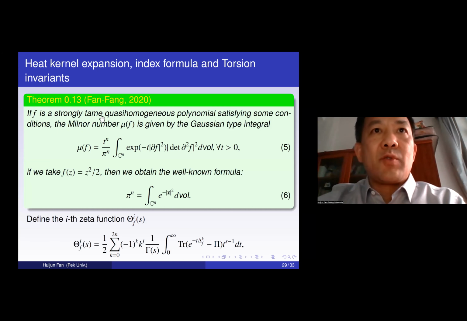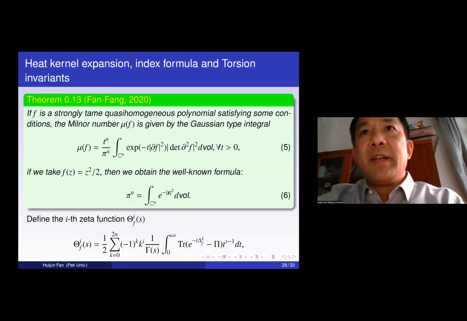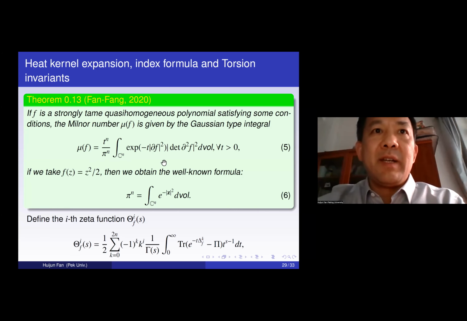If F is a strongly tame quasi-homogeneous polynomial satisfying some technical conditions, the Milnor number mu_F is given by a Gaussian type integral. So mu_F can be expressed in this way. Particularly, if we take F(z) equals z squared over 2, then we obtain the well-known formula. This formula has a different meaning: it can be deduced from the LG model, from singularity theory.